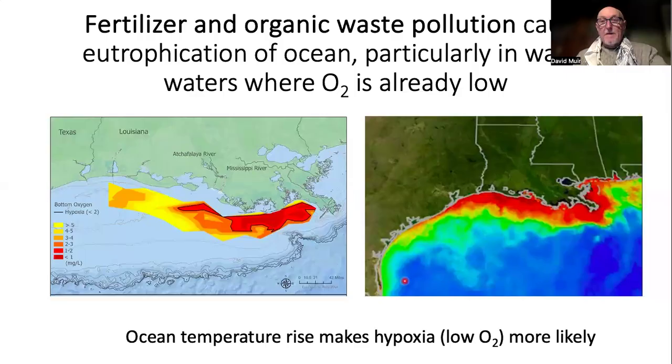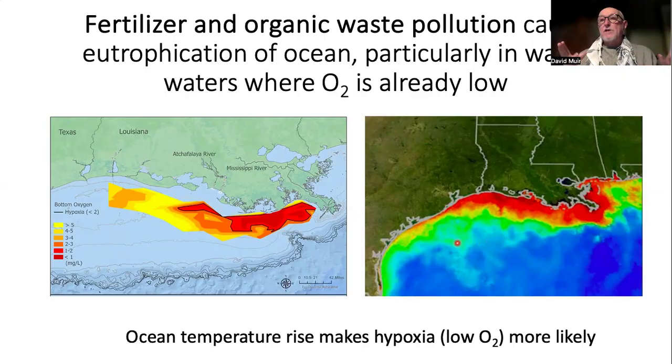Okay, the next kind of pollution, we've done oil, plastics. The next one is fertilizer and organic waste pollution. As soon as you begin to put lots of nutrients into ocean water, nitrogen and phosphorus in particular, it fuels the growth of algae.